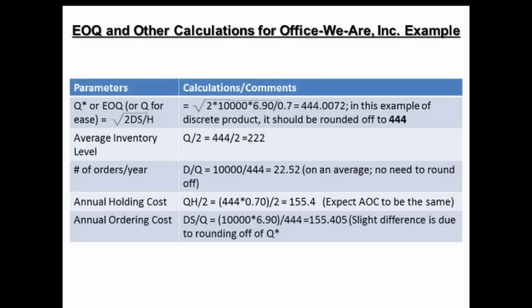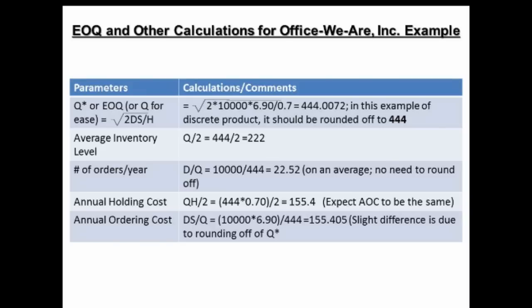The equation is D divided by Q, which is 10,000 divided by 444. That gives you 22.52, and there's no need to round this off. This is 22.52 orders per year on average. Some year it will be 22, some year it will be 23.